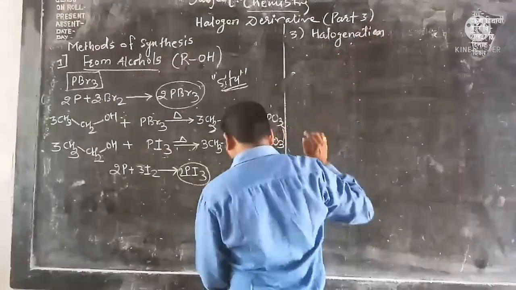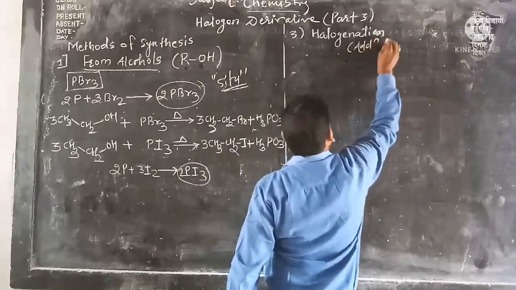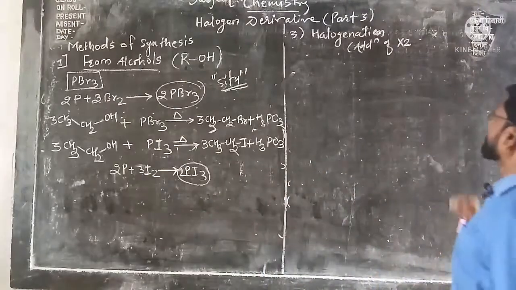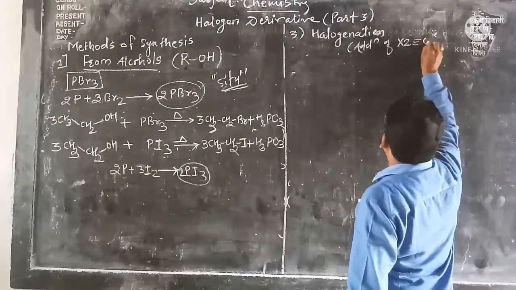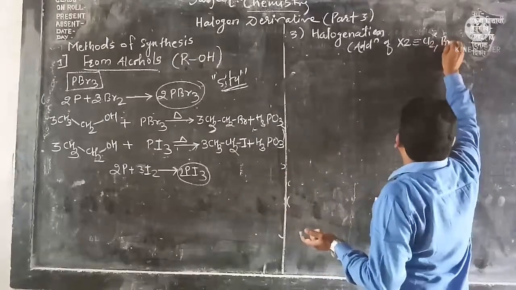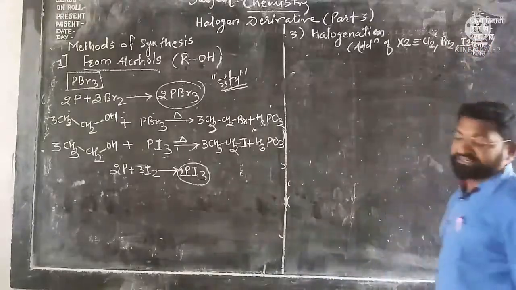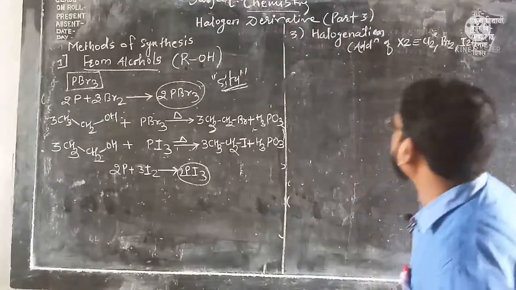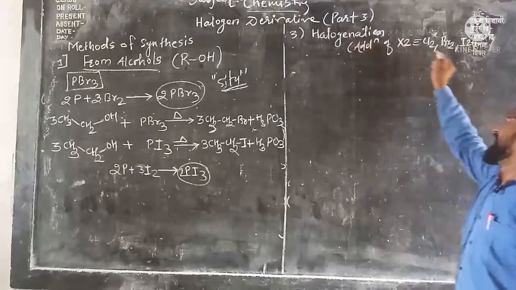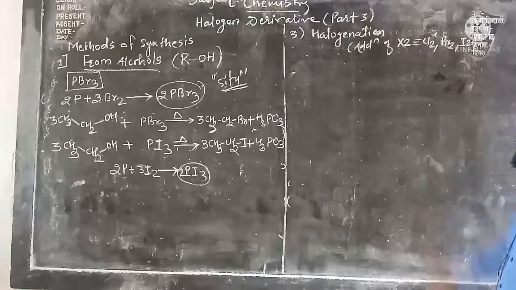Halogenation means the addition of X2 molecule. That means addition of Cl2 is known as chlorination, addition of Br2 is known as bromination, addition of I2 is known as iodination. That is called, in short, halogenation. So that is the keyword for you.